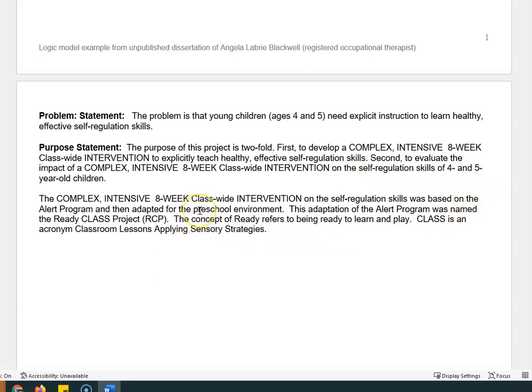The intervention was based on the ALERT program and was then adapted to the preschool environment. This adaptation of the ALERT program was named the Ready Class Project. The concept of ready refers to being ready to learn and play, and CLASS is an acronym that stands for Classroom Lessons Applying Sensory Strategies.